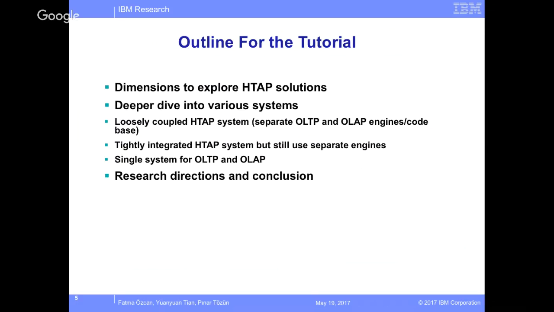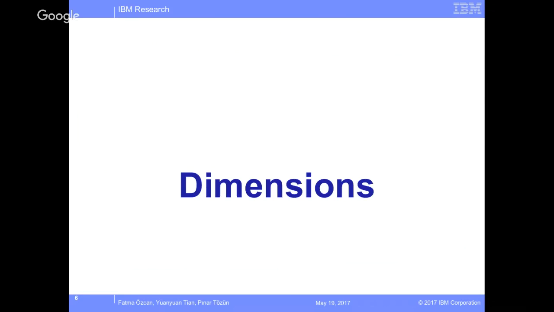There might be things going on that we didn't know about when we prepared the slides, and 3 months down the line, things might evolve. But this is basically how we figured out things as of now. And we are going to conclude by saying, okay, what are the big problems still remaining and how we move forward. Okay, let's start with the dimensions.